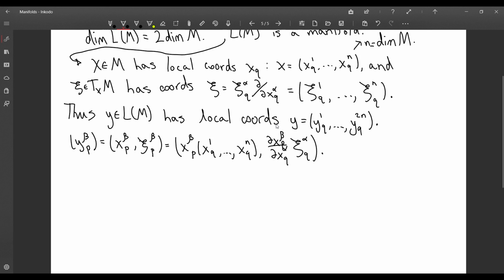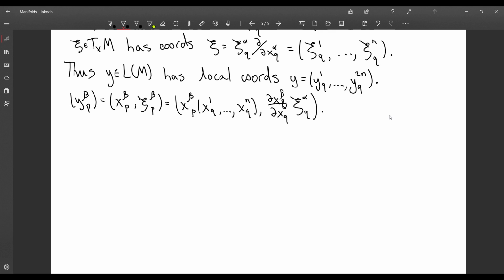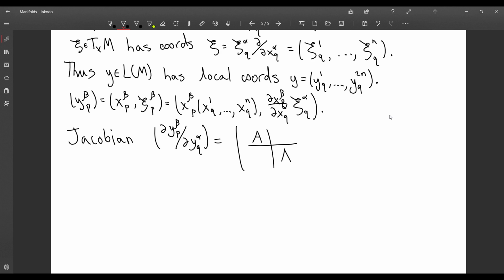And so with these transition functions, now you can look at the Jacobian. The Jacobian is going to be the partial derivatives of the y beta p with respect to the y alpha q.